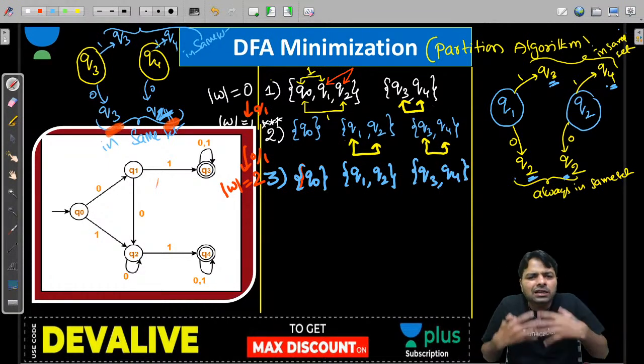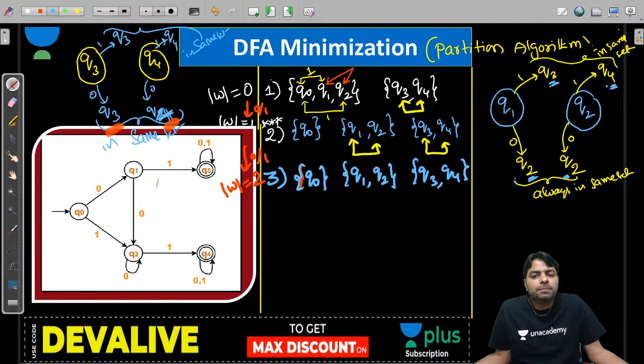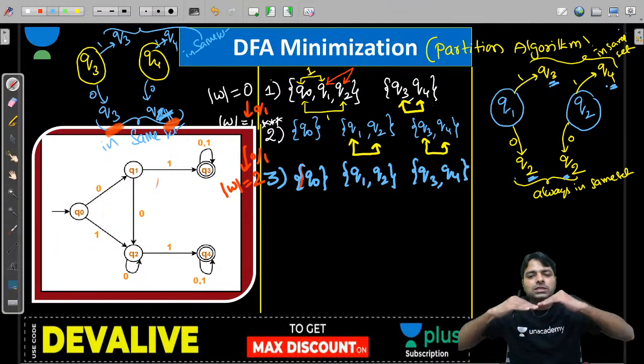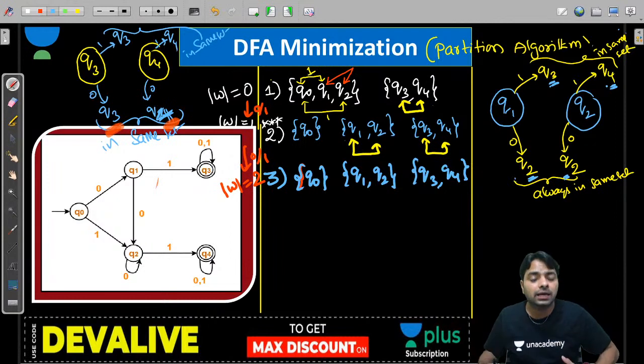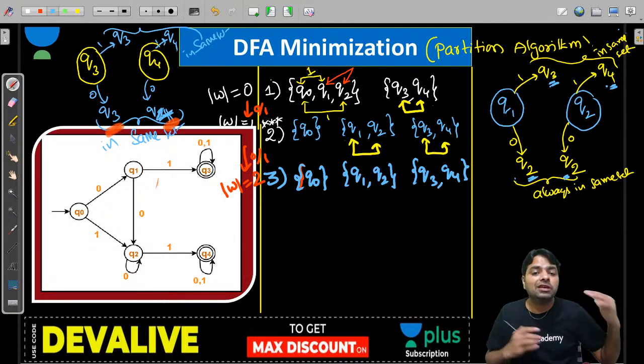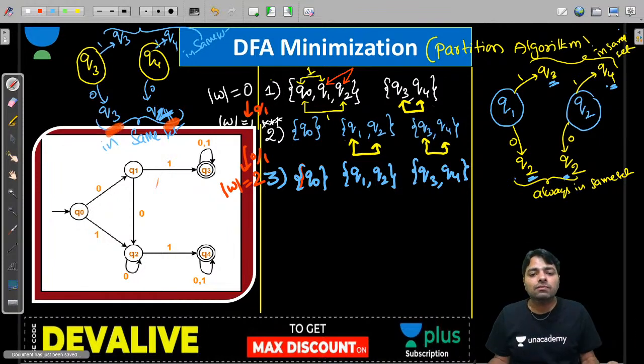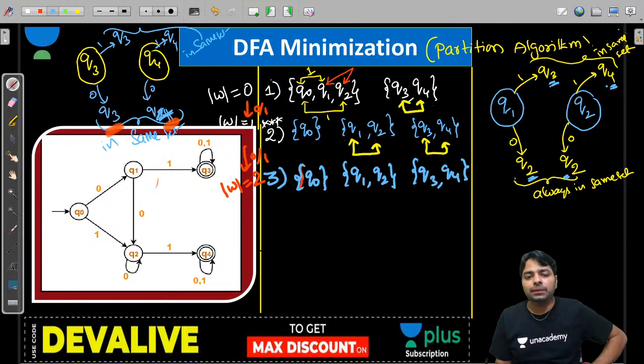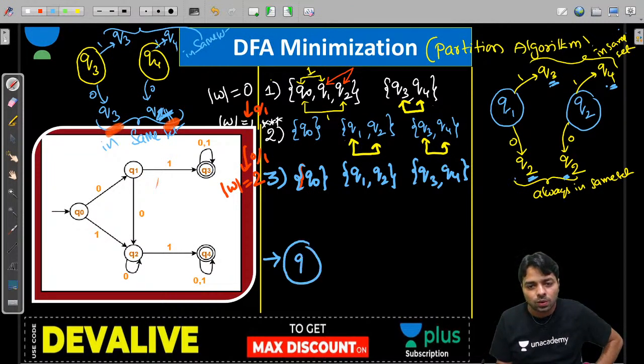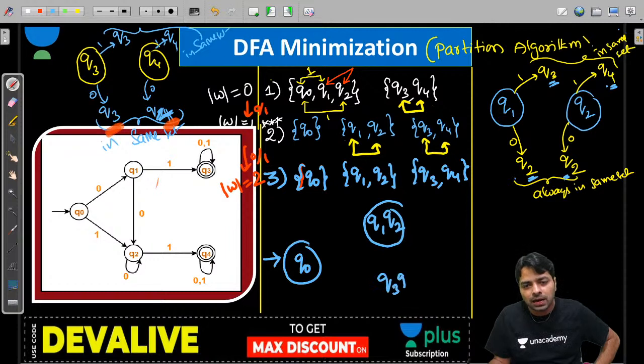Now, did you identify any distinguishable pair? We have not. So we will stop the algorithm, because if you do it again, you will get the same. So after verifying two-length strings, you will finalize the answer. Now onwards, you will get only 3 states. That means the algorithm says that Q0 is one set, Q1, Q2 will be combined, and Q3, Q4 will be combined.